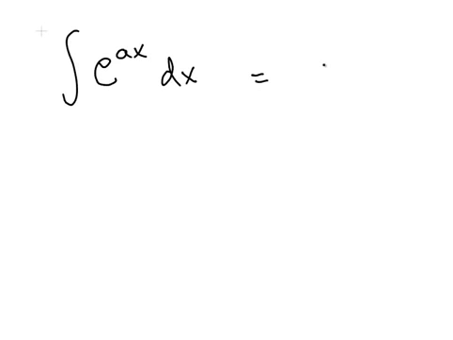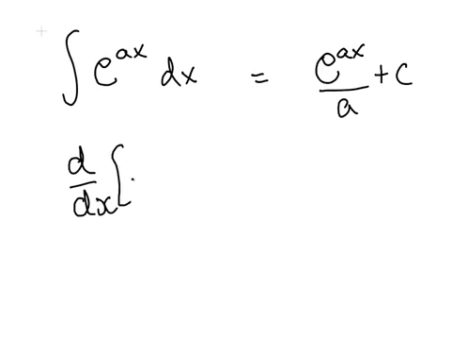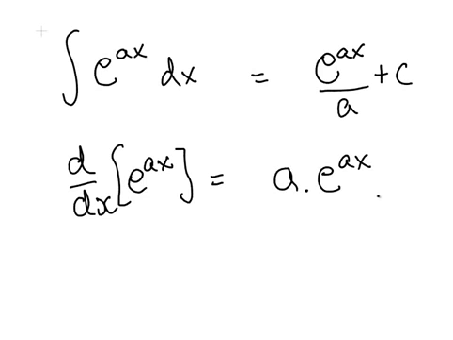When we integrate, we divide by the constant, so it's e to the ax over a plus c. And when we differentiate e to the ax with respect to x, we simply multiply by the constant: a times e to the ax.